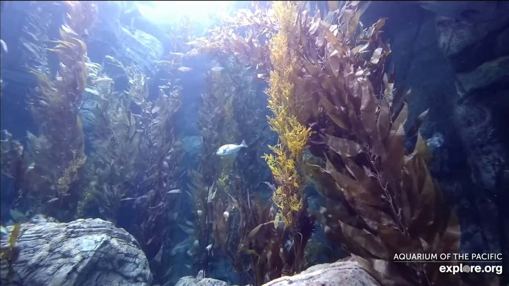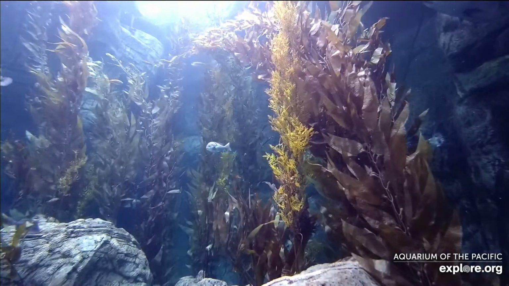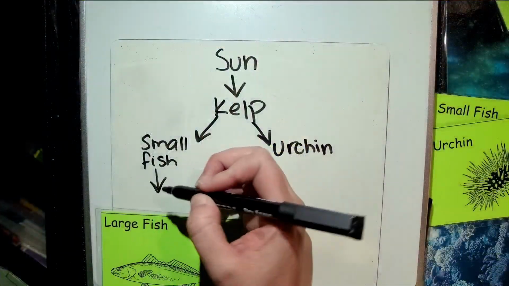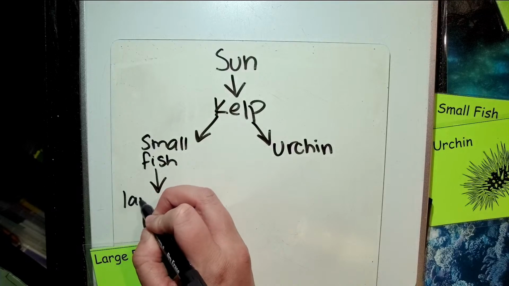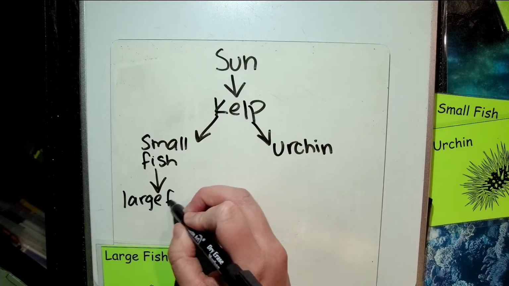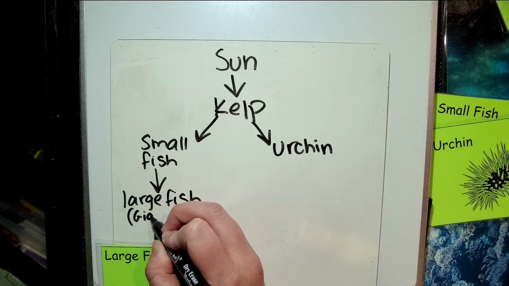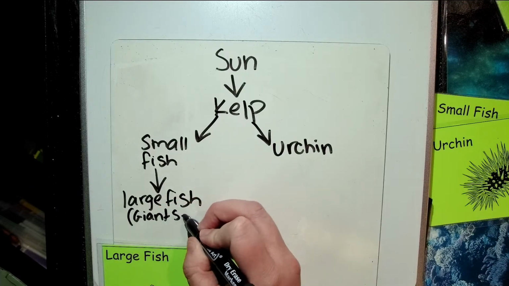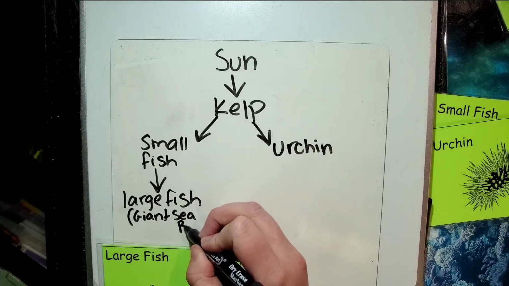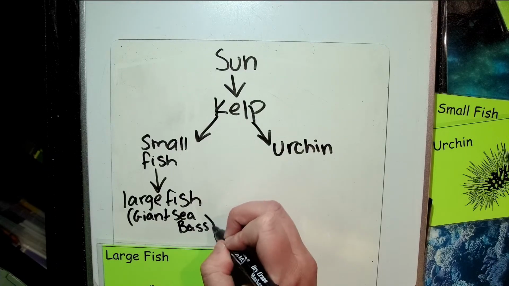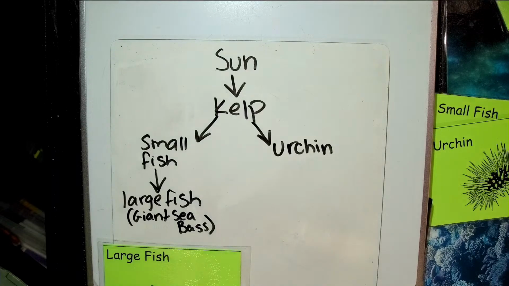So our giant sea bass is definitely an example of a large fish that can eat small fish. So I'm going to put large fish, and I'm going to put giant sea bass. They can definitely eat some small fish.